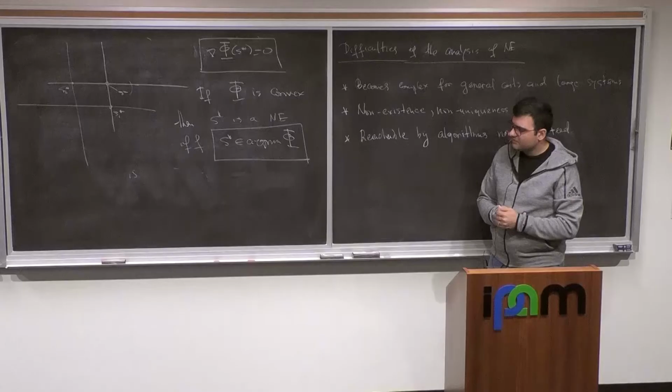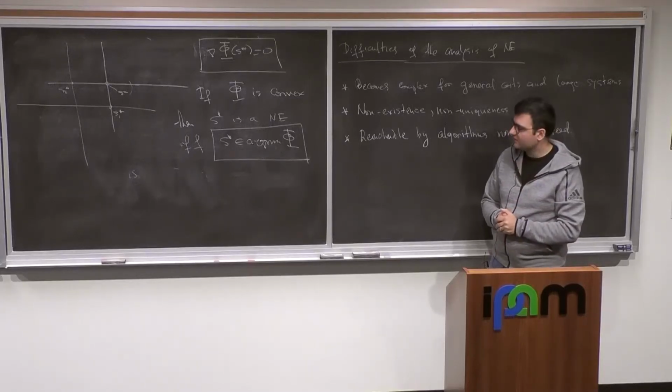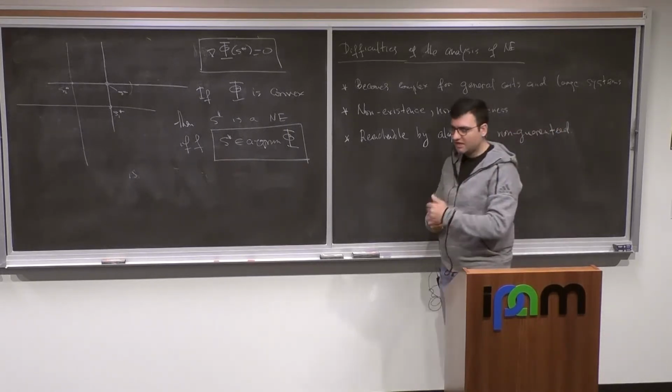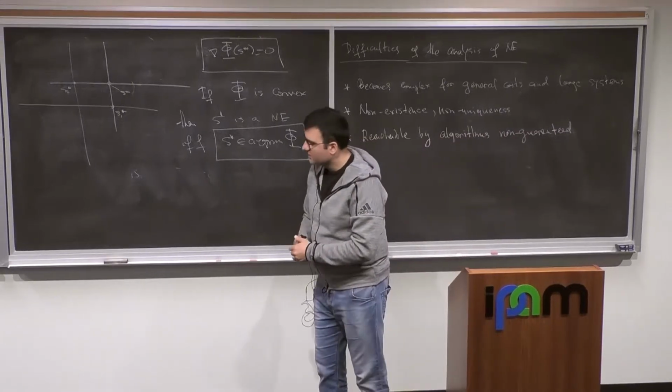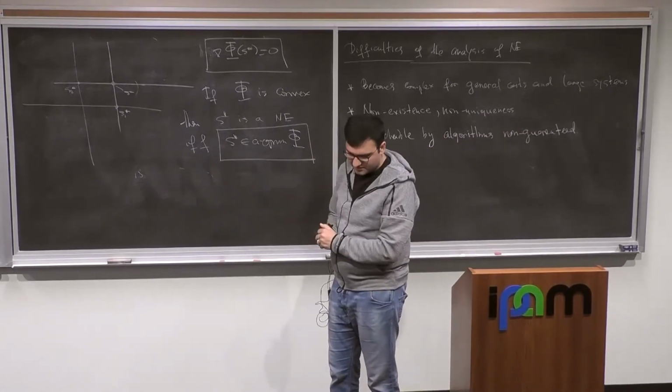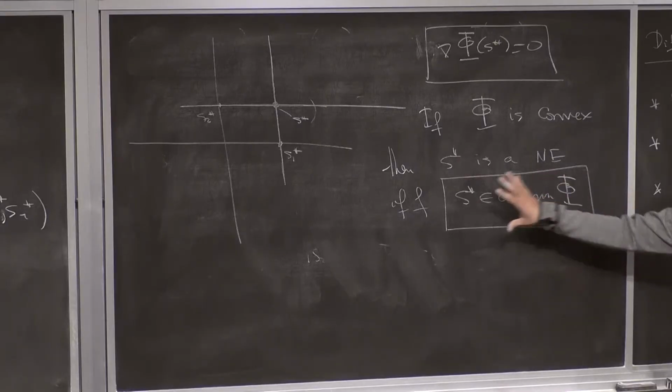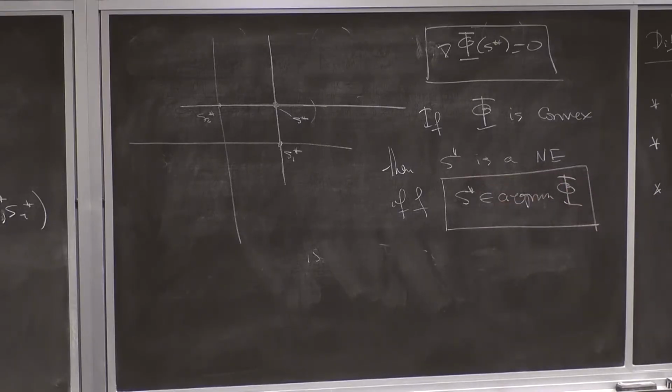And I will show you later today that a class of mean-field games, which is called potential mean-field games, is such a game. We will see that that system of mean-field games can be formulated as a convex optimization problem, and so convex optimization algorithms can be used to solve that system.